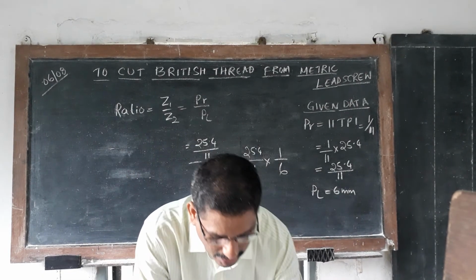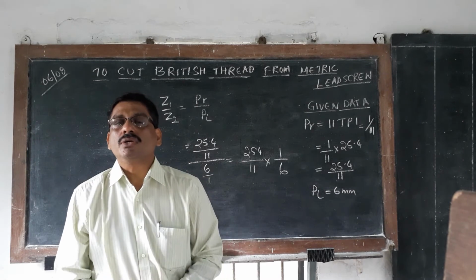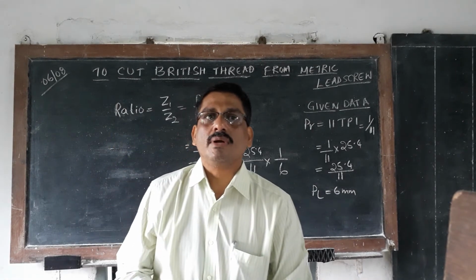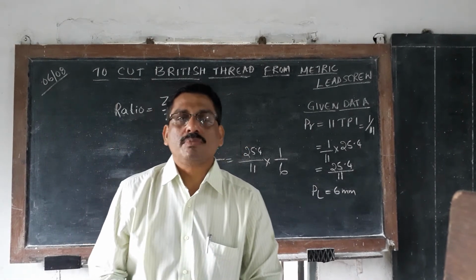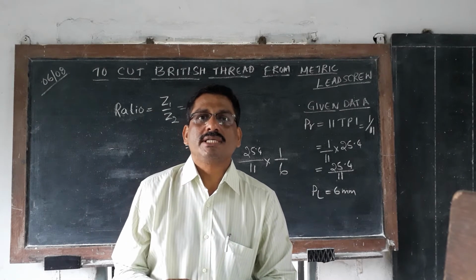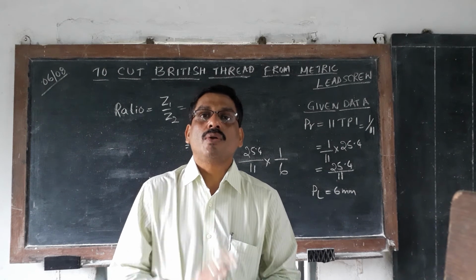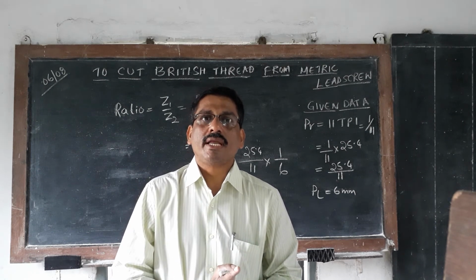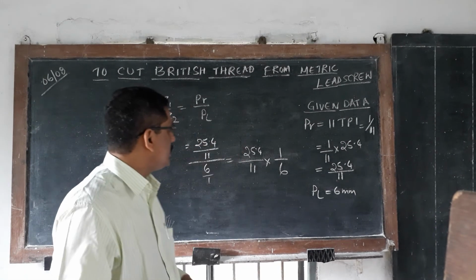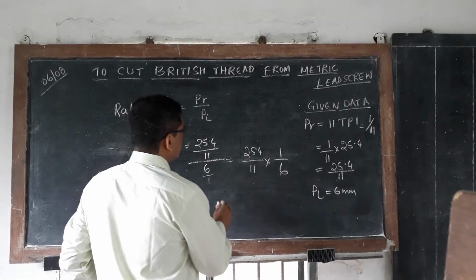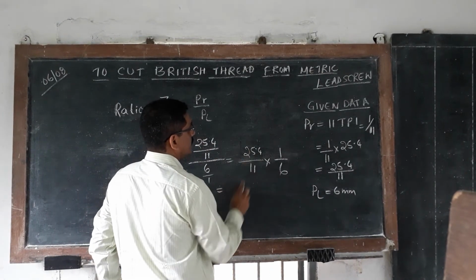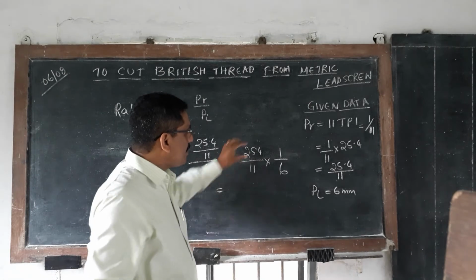Now, in a simple gear train it is not possible. Always you have to go for a compound gear train. For this you will multiply, because you have to get a round figure.